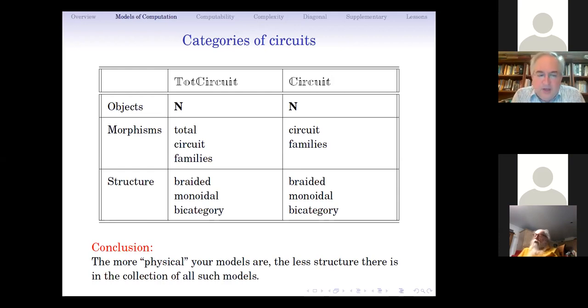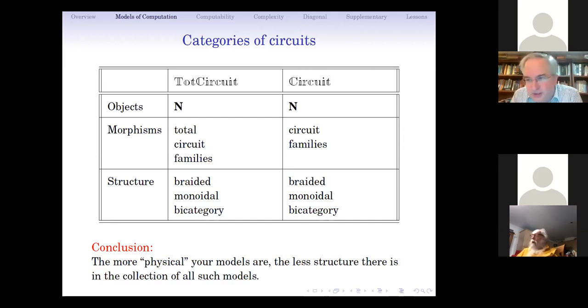So that's interesting. The more physical your models are, the less structure there is in the collection of all models. Computable functions are very mathematical. But when you start dealing with physical things, well, Turing machines aren't physical. There's no such thing as a Turing machine because it has an infinite tape. There's no such thing as a register machine because it can hold any natural number.